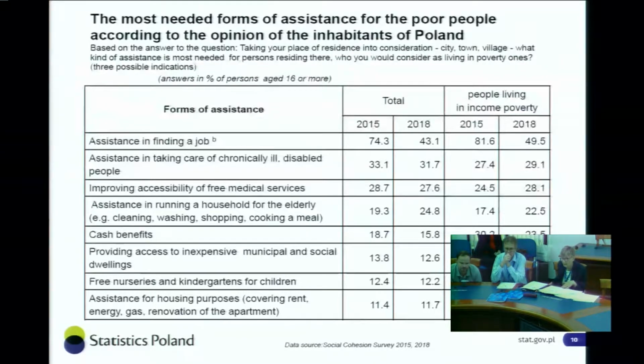And what people think about the most desirable forms of social assistance for the poor? We put the question to our survey. The analysis concerned the answers to the question: taking your place of residence into consideration, city, town, village, what kind of assistance is most needed for persons living there who would be considered as living in poverty?